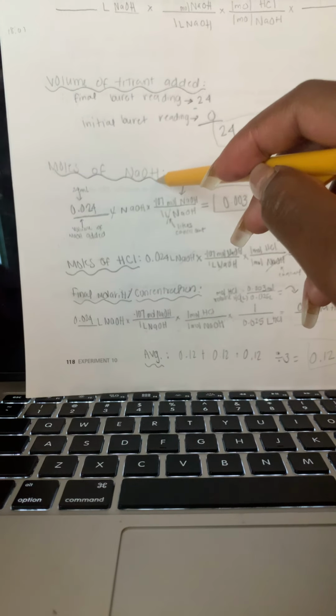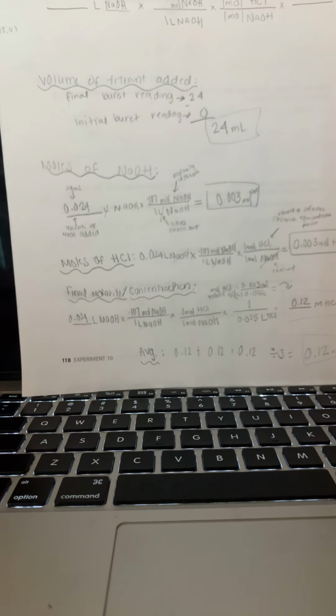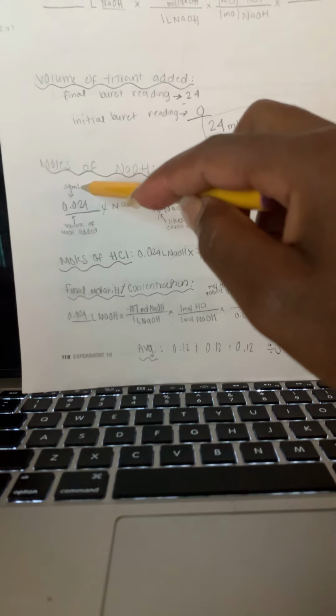So for the moles now of sodium hydroxide, what we did was we took the volume of the titrant added, which was 24 milliliters, and converted it to liters.